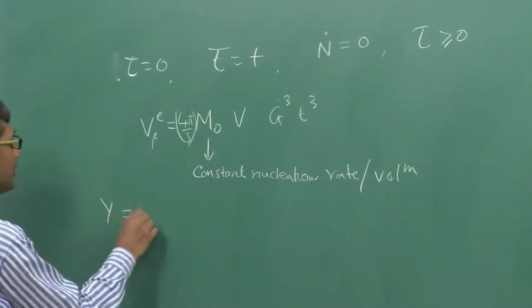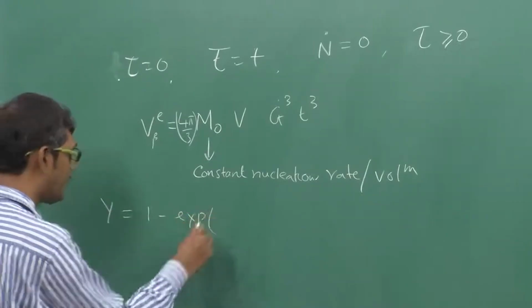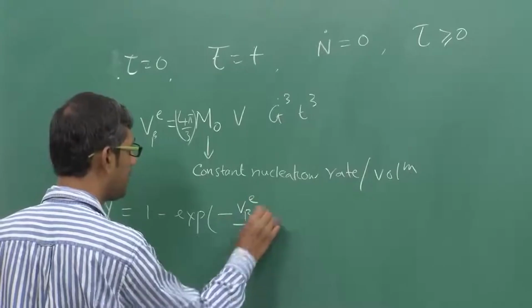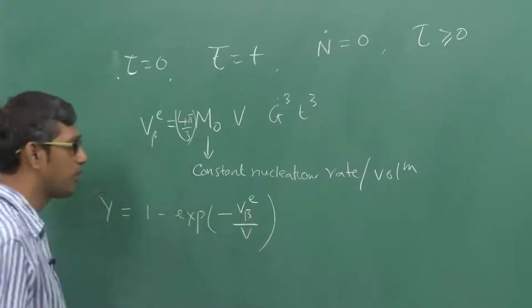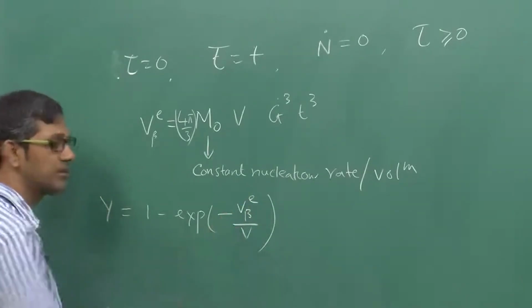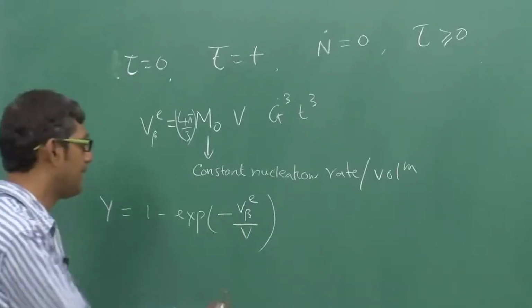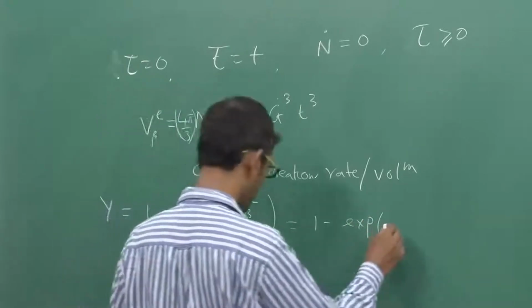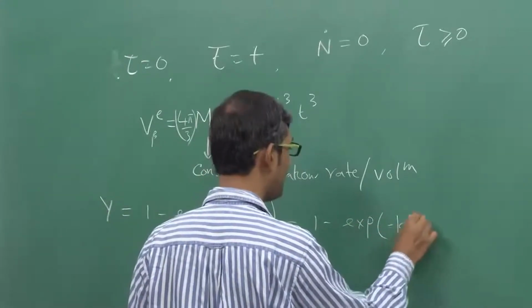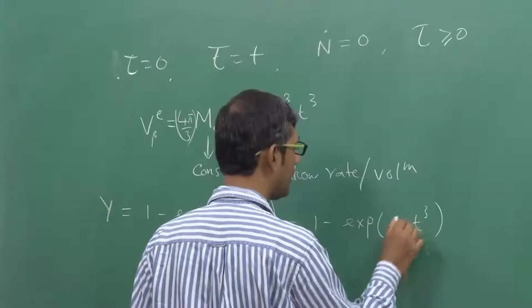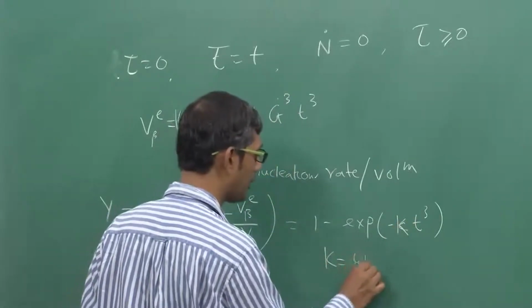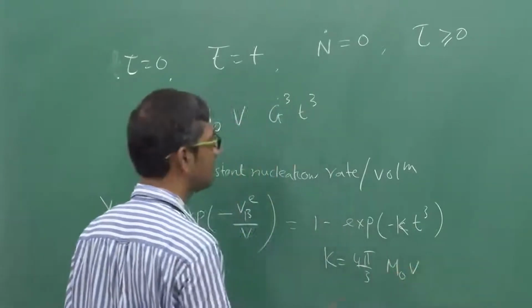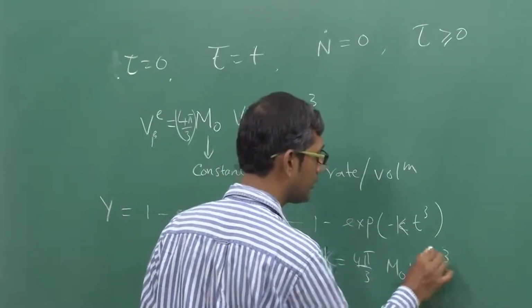Now y is obviously equal to 1 minus exponential of minus Ve by V, where these are the two different volumes, one the apparent volume and the other the actual volume. That is equal to 1 minus exponential of minus k t to the power q, and here k is equal to 4/3 pi M0 V G dot cubed, with q being 4.